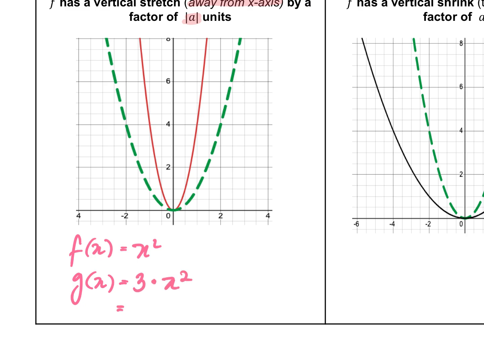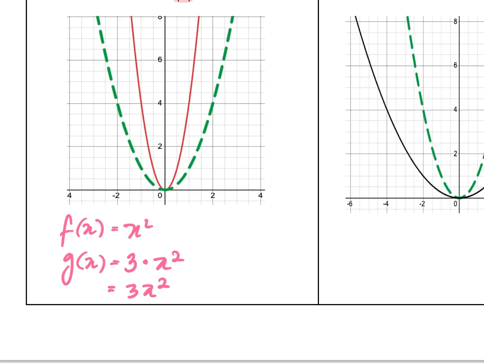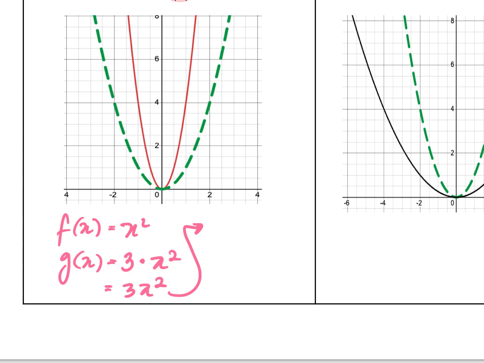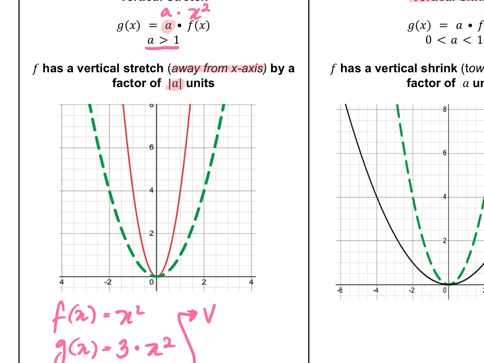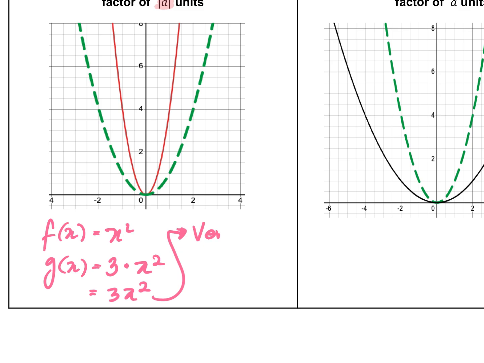This is going to give you 3x squared. So it means to say, if you're going to describe the transformation that happened here, there is a vertical stretch by a factor of 3.